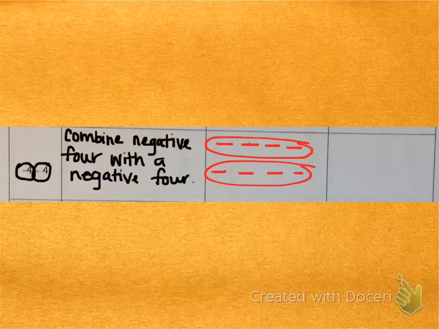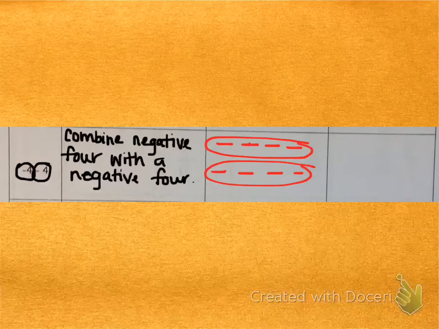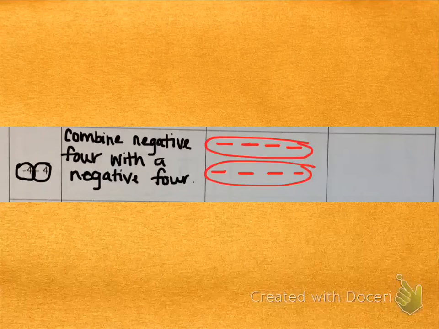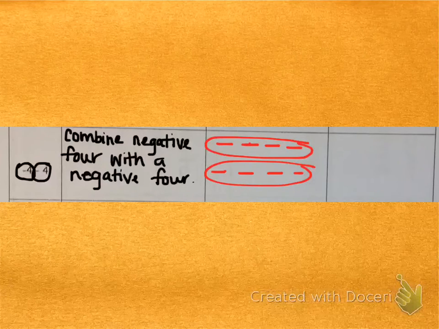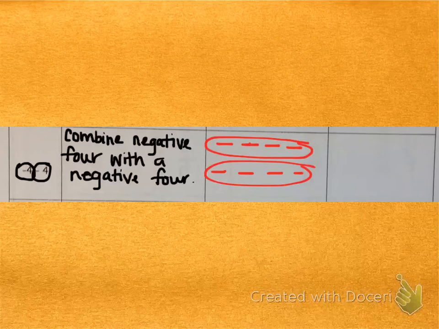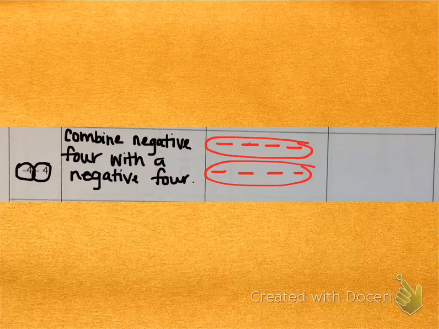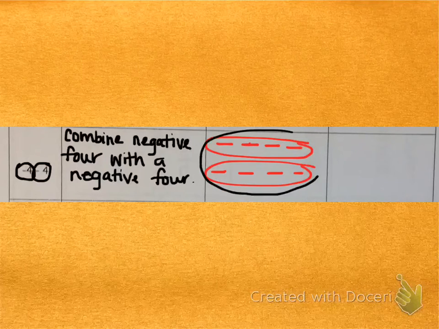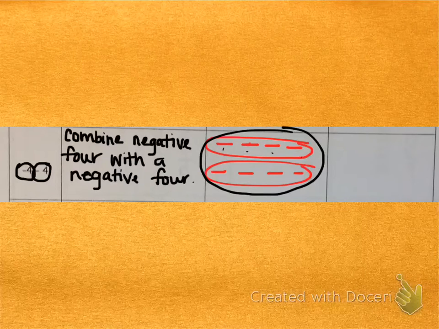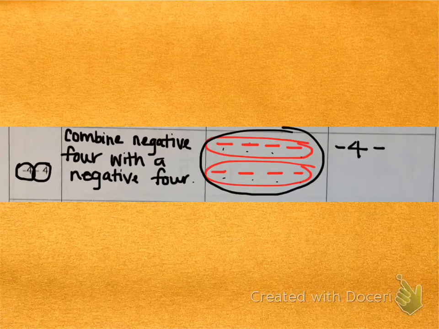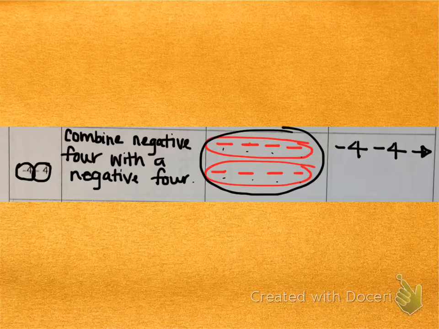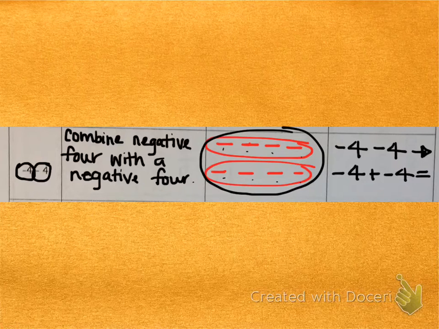And I'm going to look, do I have any zero pairs? Do I have any negatives and positives that I can put together to make 0? No, I just have negatives. So when I am combining, how many total negatives do you have together? 1, 2, 3, 4, 5, 6, 7, 8. So combining a negative 4 and a negative 4 equals 8 negatives.